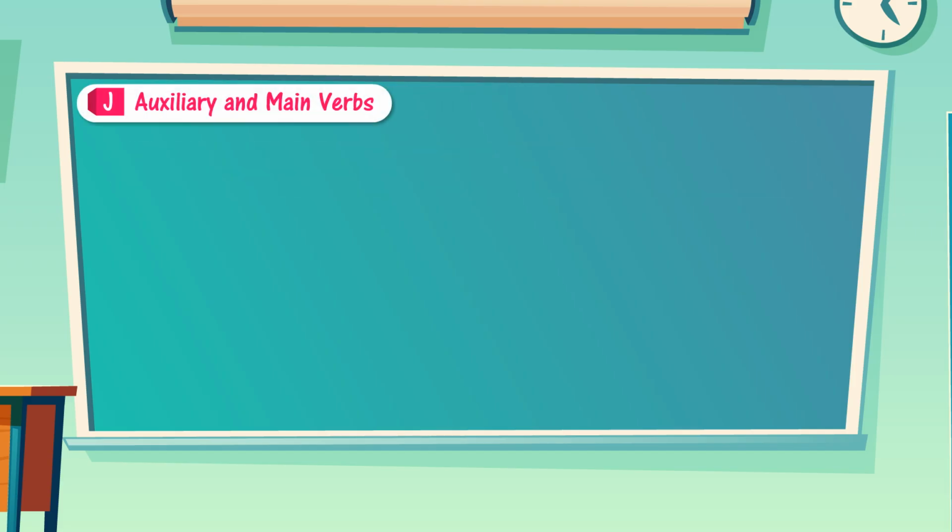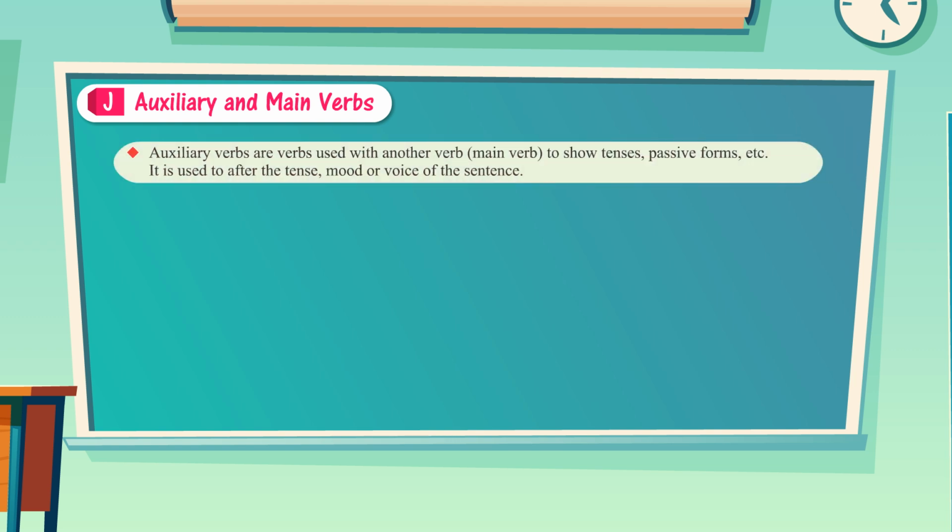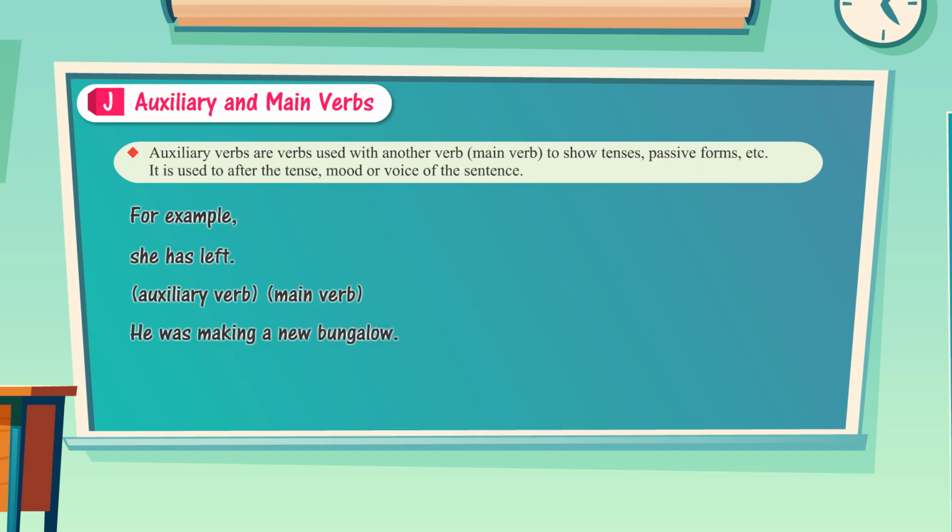J. Auxiliary and main verbs. Auxiliary verbs are verbs used with another verb, the main verb, to show tenses, passive forms, etc. It is used to alter the tense, mood or voice of the sentence. For example, she has left, auxiliary verb, main verb.